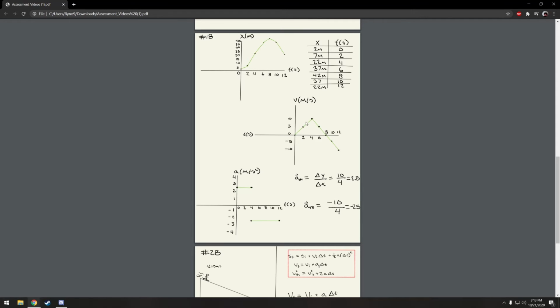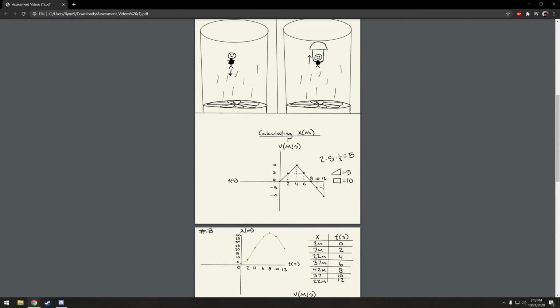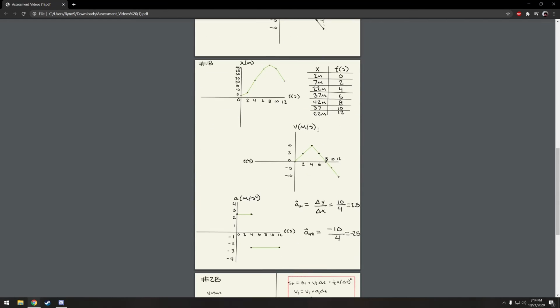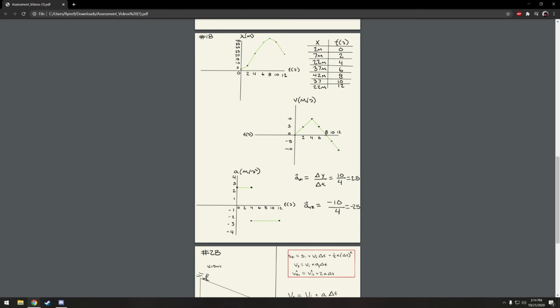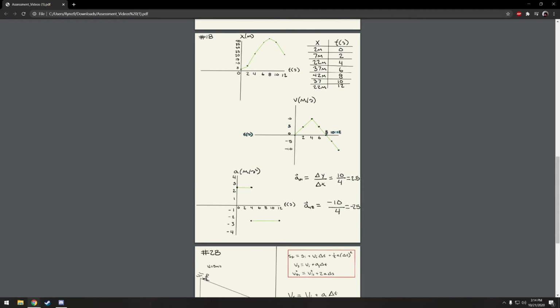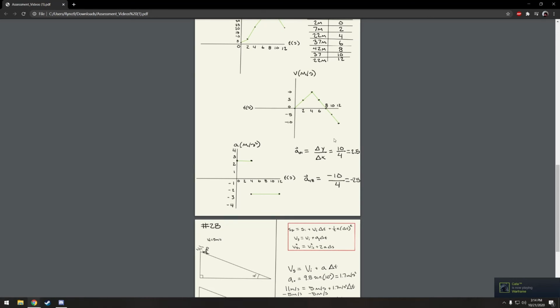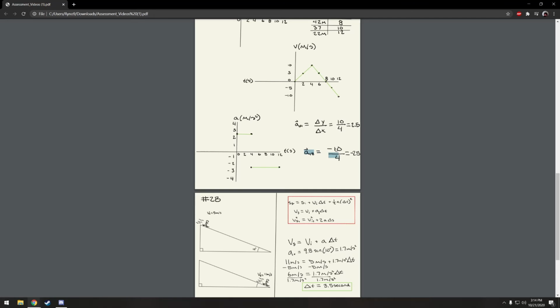But as we notice, at time equals 4, which is the point at which he pulls his parachute, his velocity changes, because he's now going to start going up. And we can calculate how much it changes, which is the acceleration, by taking the slope again, which is -10, because now it's going from 10 to 0.